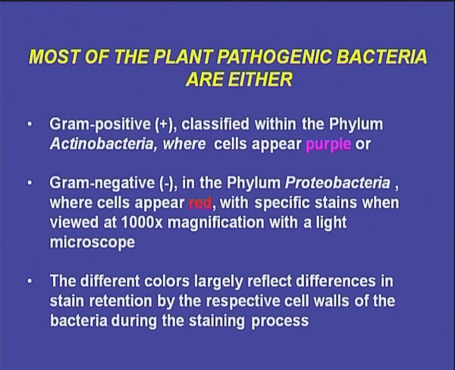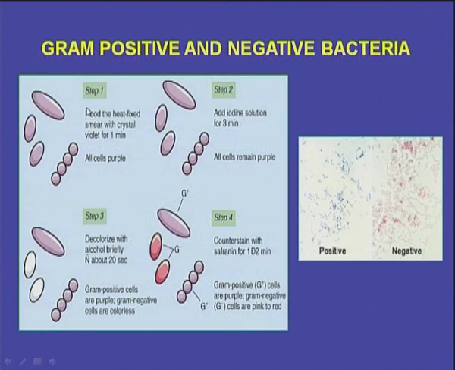The different colors largely reflect differences in stain retention by the respective cell walls of the bacteria during the staining process. Here it is the difference between the gram positive and gram negative. The slide shows that when we flood the heat-fixed smear of bacteria with crystal violet for 1 minute, then all cells become purple in color.